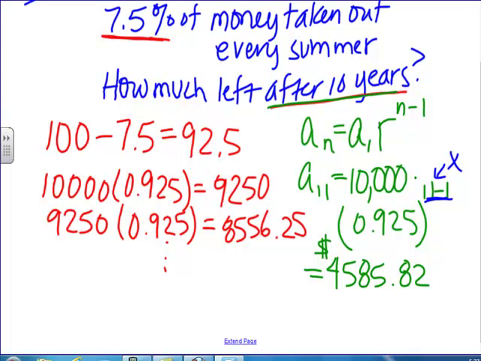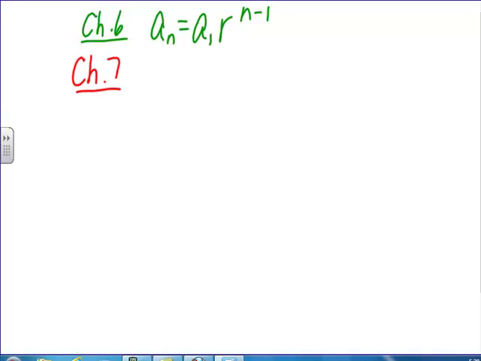So I just want to introduce some new notation to you, which is often used when we do these types of problems. This is the chapter 6 way we wrote this, where we said a sub n is equal to a sub 1 times r to the n minus 1. In chapter 7, we're going to start looking at the notation used in the financial world, where we say A is equal to a sub naught times 1 plus r to the t.